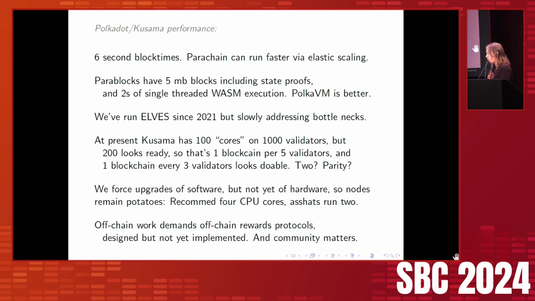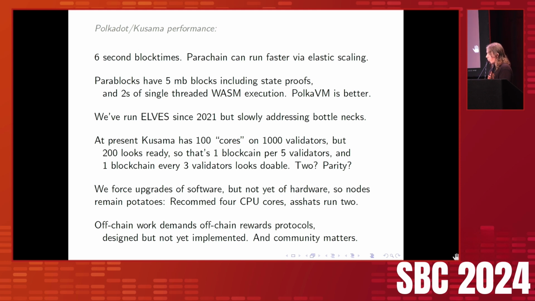At the moment we don't let them go that fast, but they can go pretty fast if they want to. The parachain blocks are 5 megabytes and have about 2 seconds of single-threaded WASM. There's a RISC-V bytecode we're working on called PolkaVM that will be better than WASM for this.